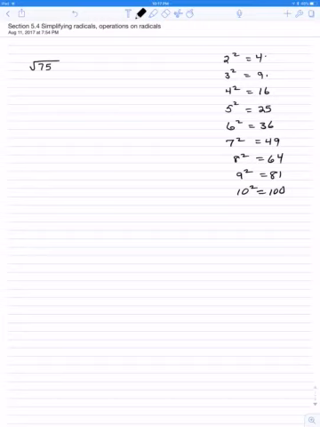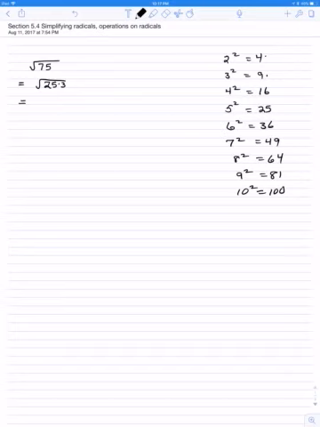So if I look at the perfect squares, 4, 9, 16, 25, 36, I see that 25 will go into 75 without a remainder. So 25 is the largest perfect square that divides into our number without a remainder.